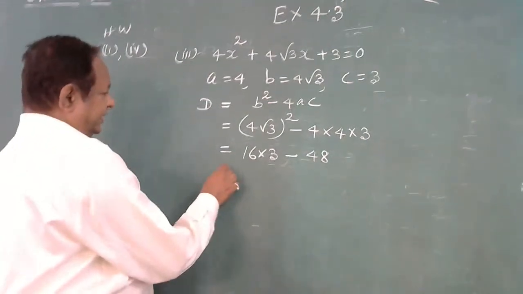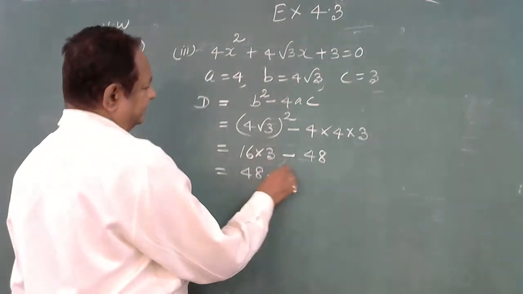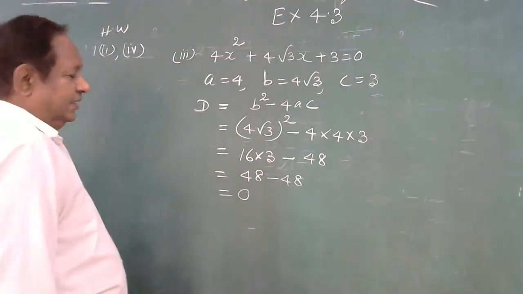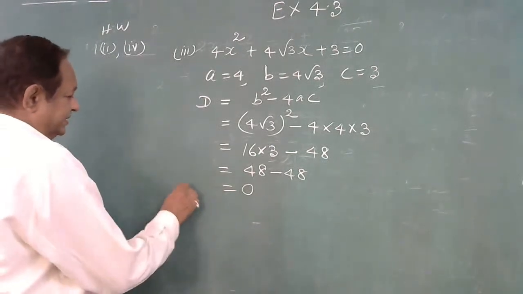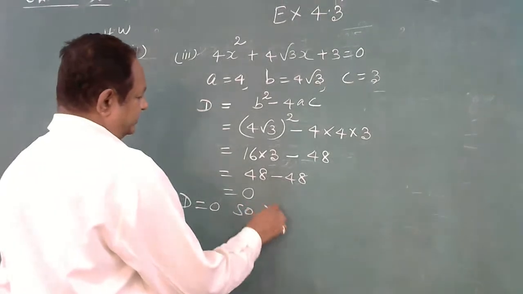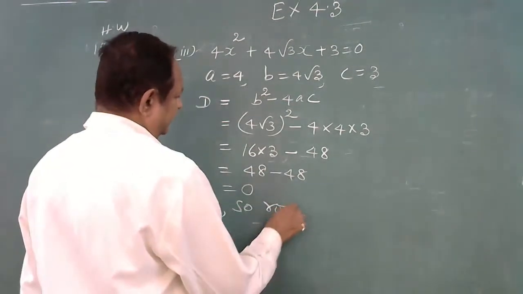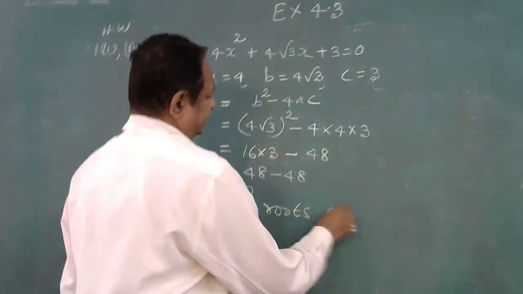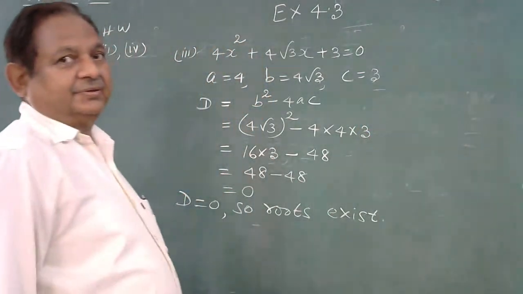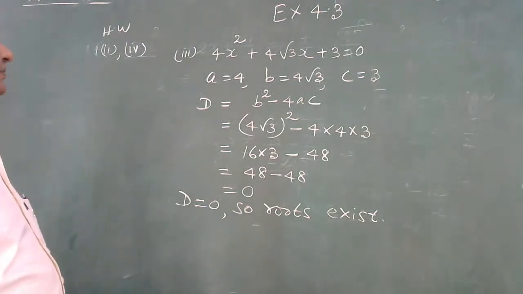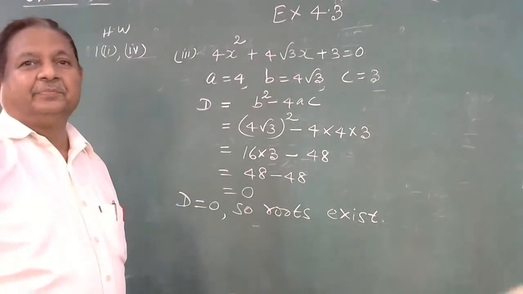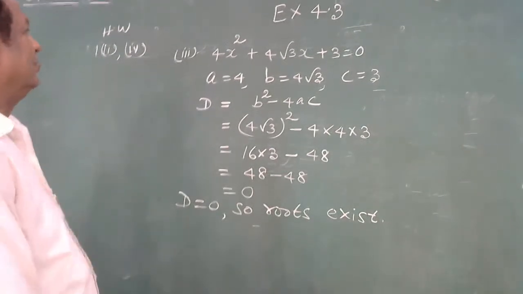So this is 48 minus 48, equal to 0. Hence, since D is equal to 0, roots exist. Now we have to find the roots of this equation by making a perfect square.